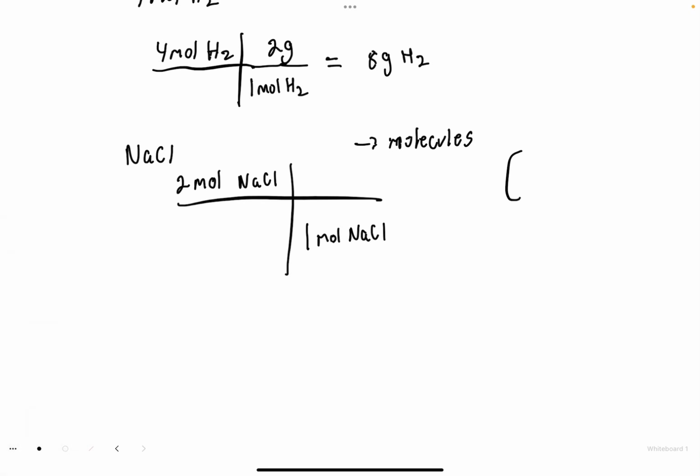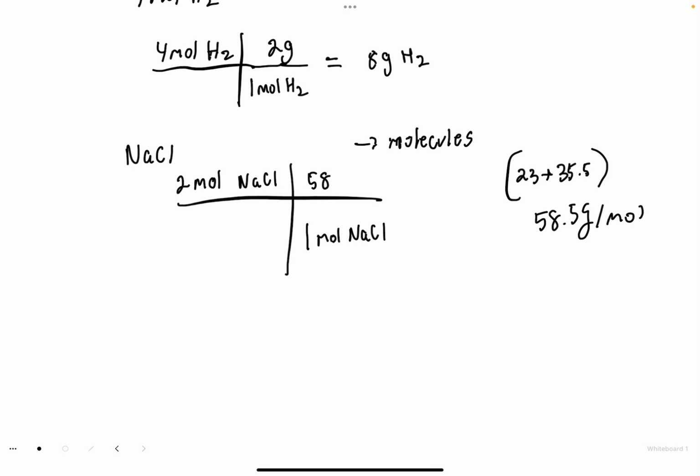I'll just set that to 23. And then chlorine would be around 35.5. And so that is around 58.5 grams per mole.